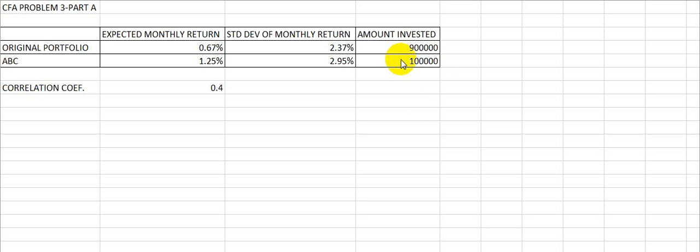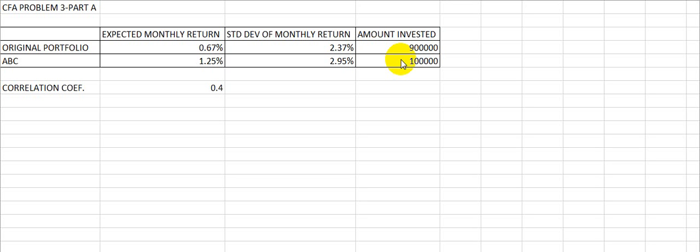The correlation coefficient of ABC stock returns with the original portfolio return is 0.4, i.e. there is a 40% correlation between both investments.